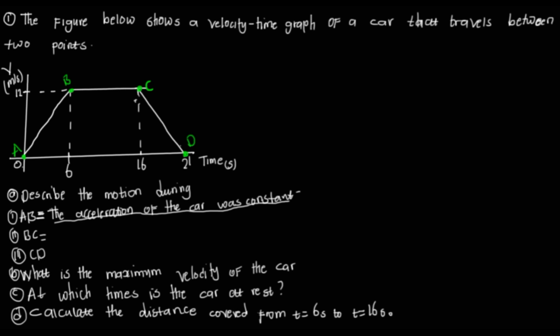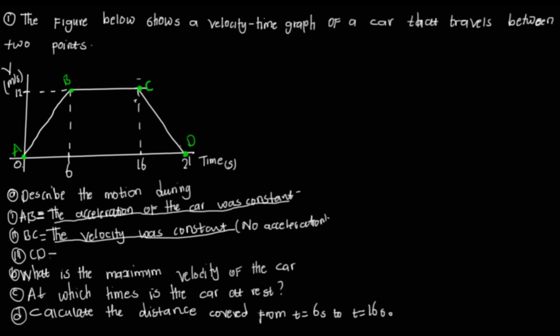So at BC, we have a constant velocity, so the acceleration was 0.